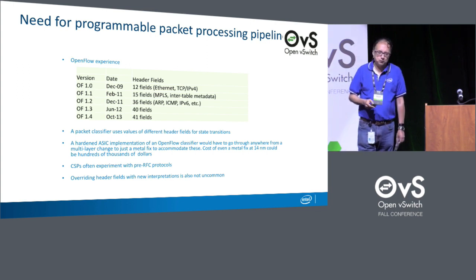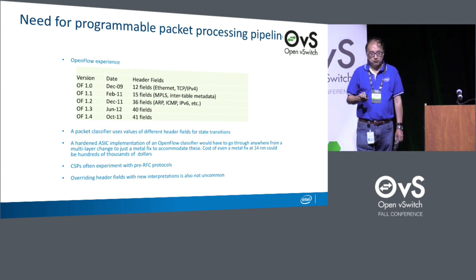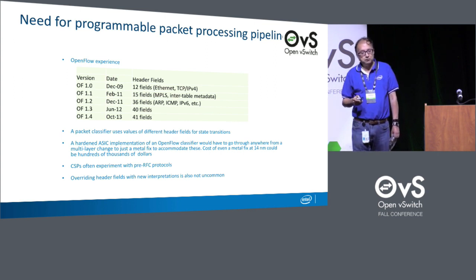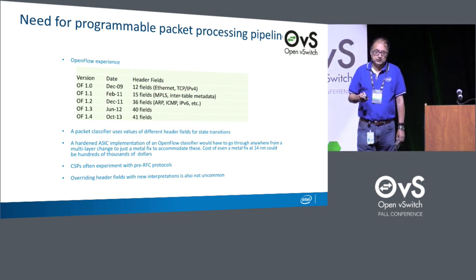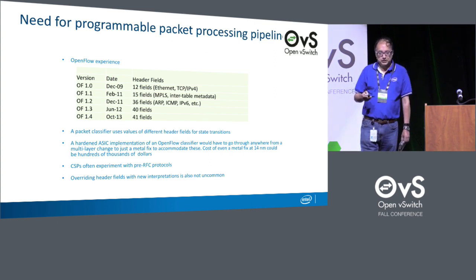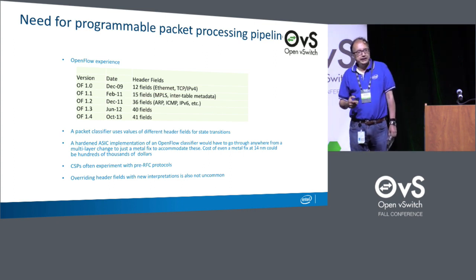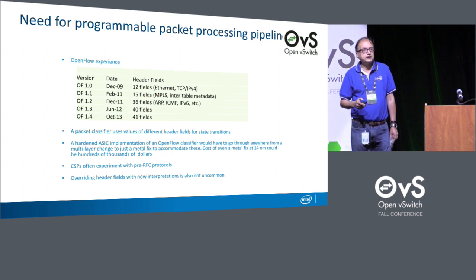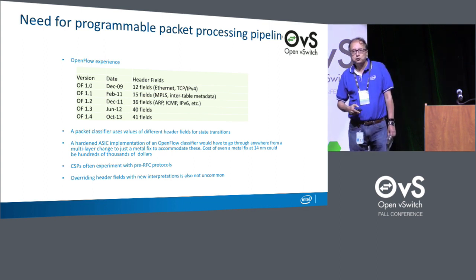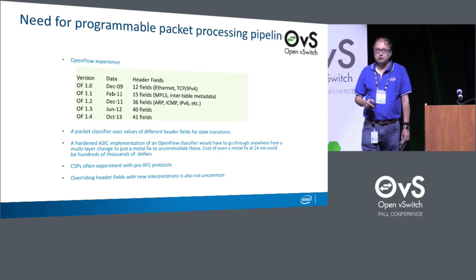As OpenFlow moved from version 1.0 to 1.4, from a period starting from December of 2009 to October of 2013, the number of header fields used to classify packets grew from 12 to eventually 41.